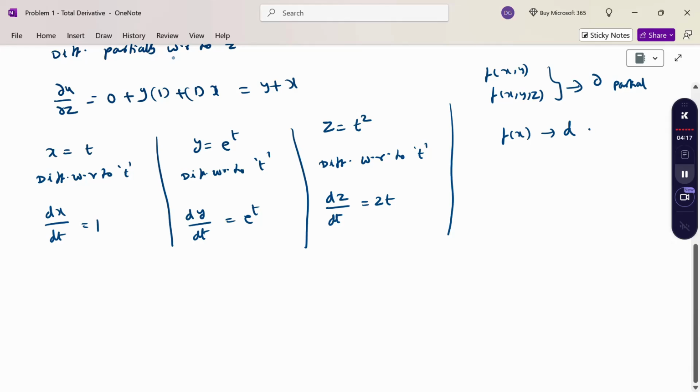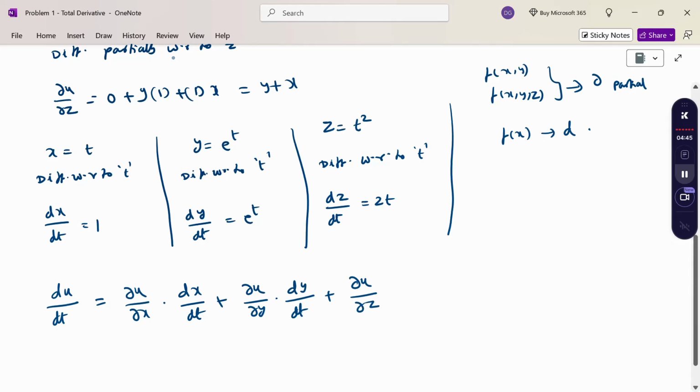Therefore, to find du by dt, u is a function depending on x, y, z, but t is inside the x, y and z values. Therefore, applying the total derivative: dou u by dou x into dx by dt plus dou u by dou y into dy by dt plus dou u by dou z into dz by dt.